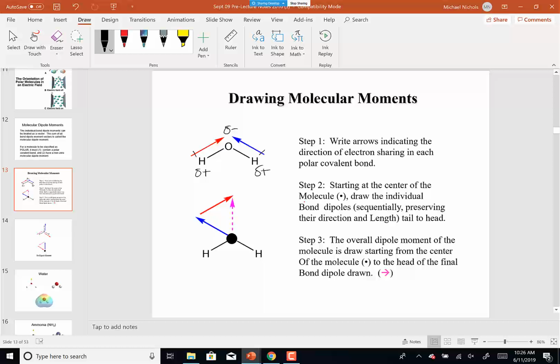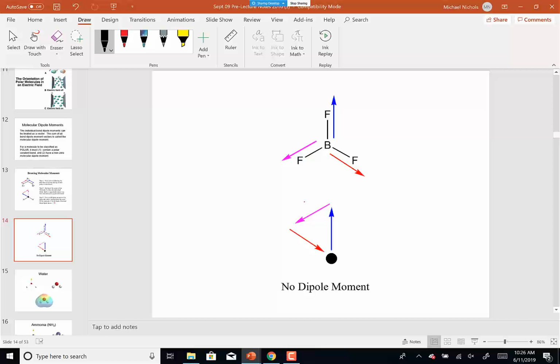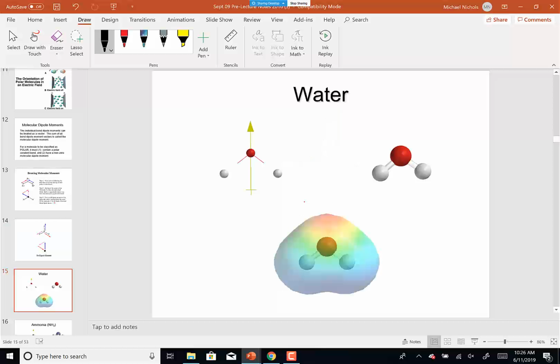What is a dipole moment even? What does it mean? Here's what it means for water. If you remember, water had one arrow this way and the other arrow that way. The end of this arrow is where the delta minus is, and the beginning is where the delta plus is. So for water, it means water is polar. Why?